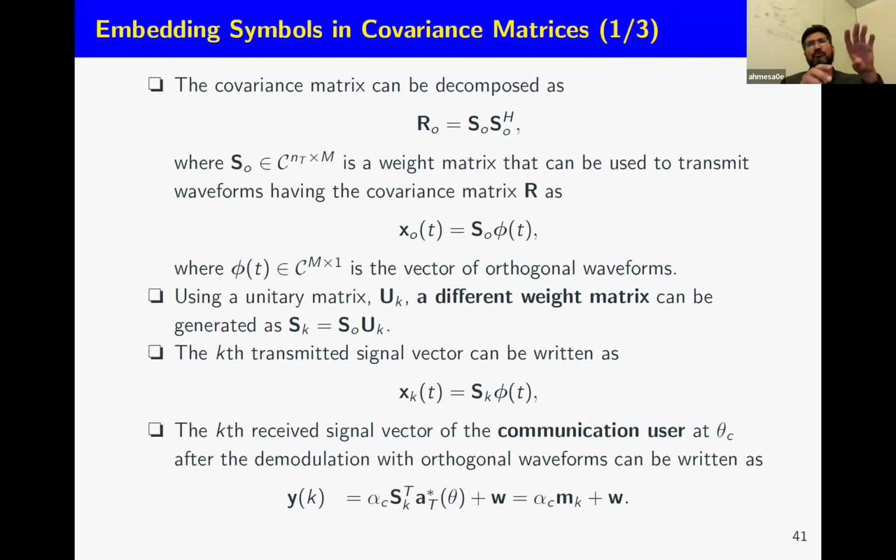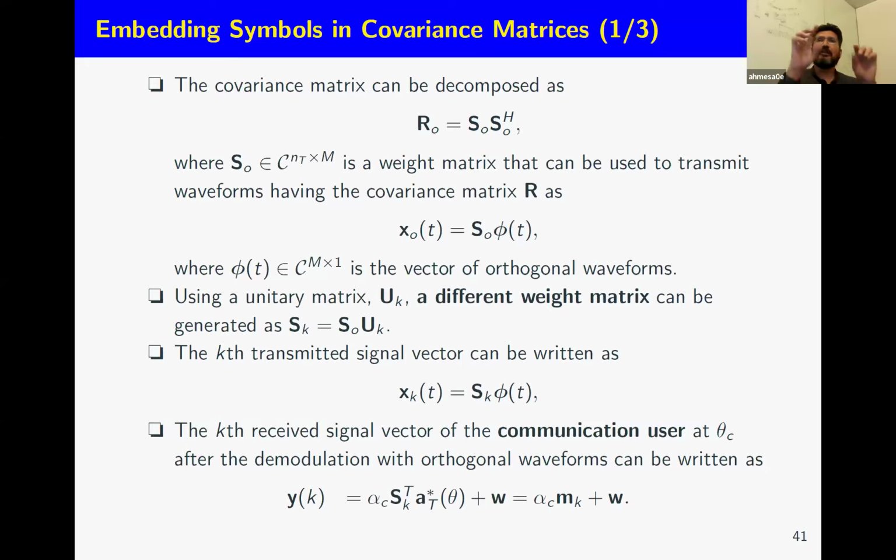In the first, corresponding to the covariance matrix, we can find a matrix of waveforms directly, as we did previously. In the second method, we can find the square root of that matrix, and when we multiply this square root matrix with some matrix phi, which is an orthogonal matrix, we can achieve different waveforms as well.